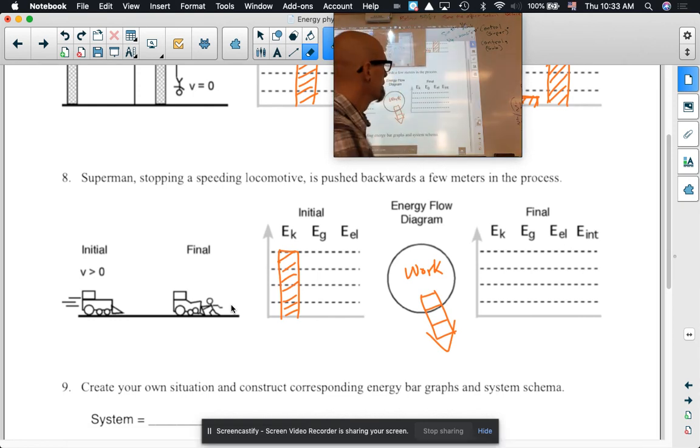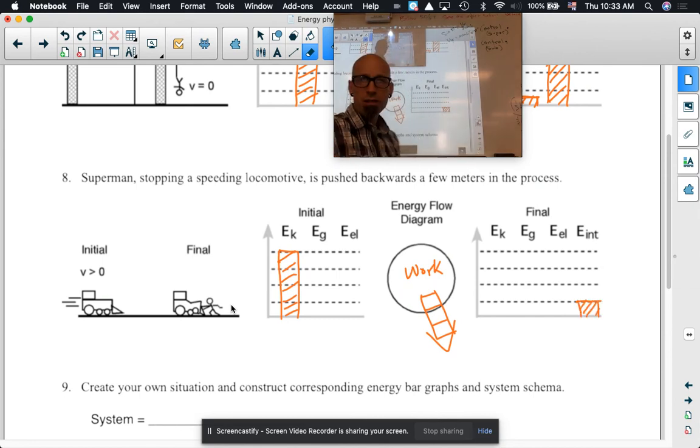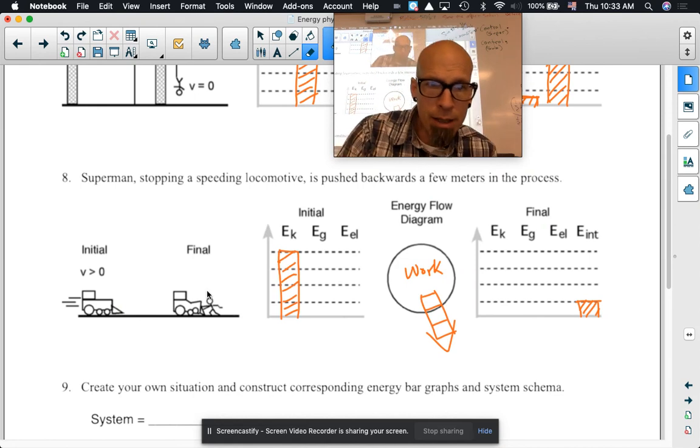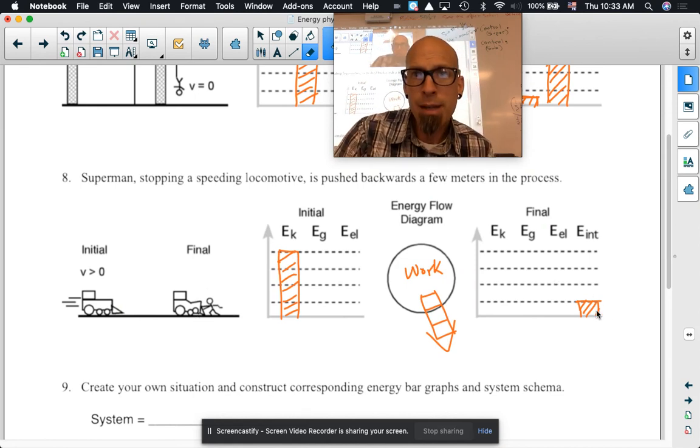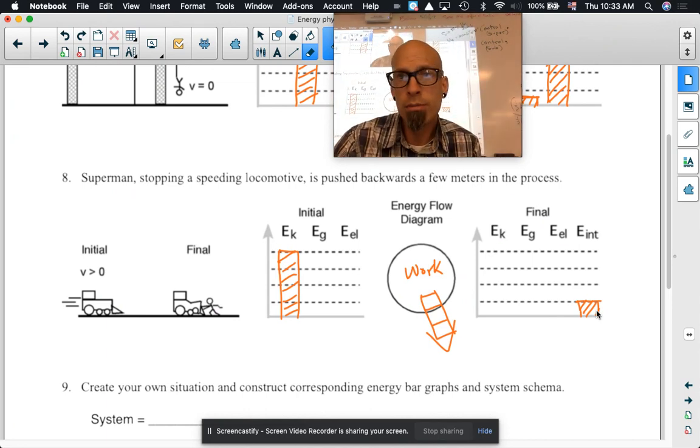And then maybe there's a block of internal because the train does look like it's gotten wrecked a little bit. It looks kind of bent and twisted. So maybe some internal energy within the system, but then Superman did some work as well. So between the two of them, maybe that's where the energy has gone.